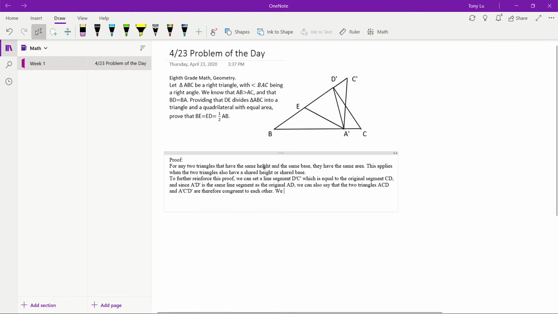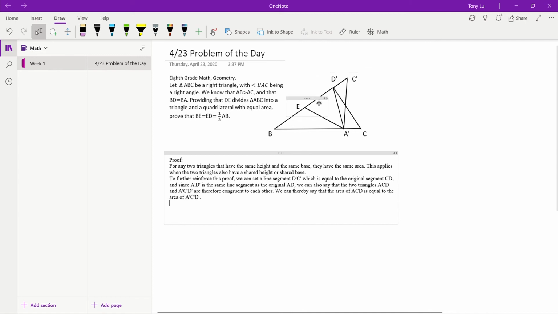We can thereby say that the area of ACD is equal to the area of A'C'D'. So with this in mind, we could reinforce what we need to do.